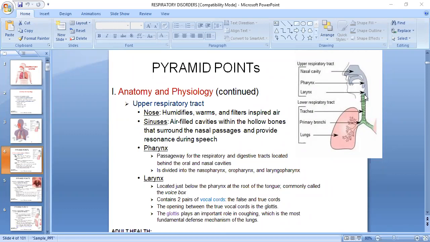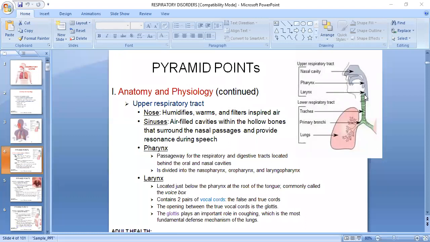Now go for the larynx, the lowest part of the upper respiratory tract. The larynx contains two pairs of vocal cords, and the vocal cords help to produce sound.